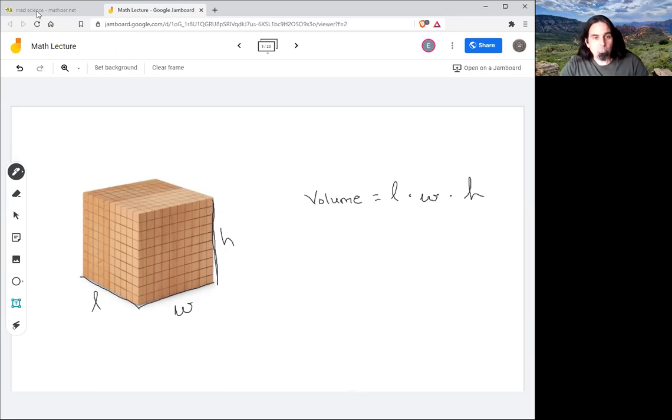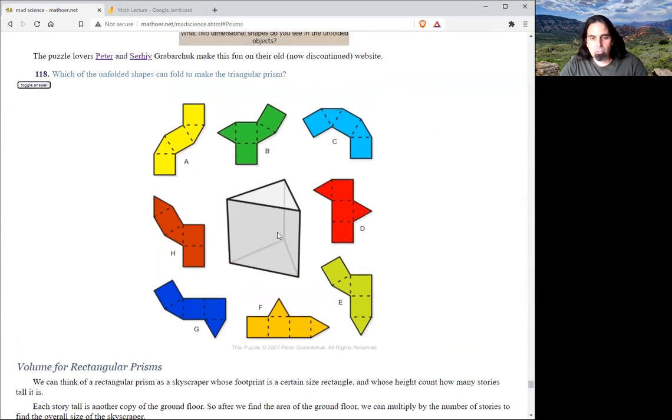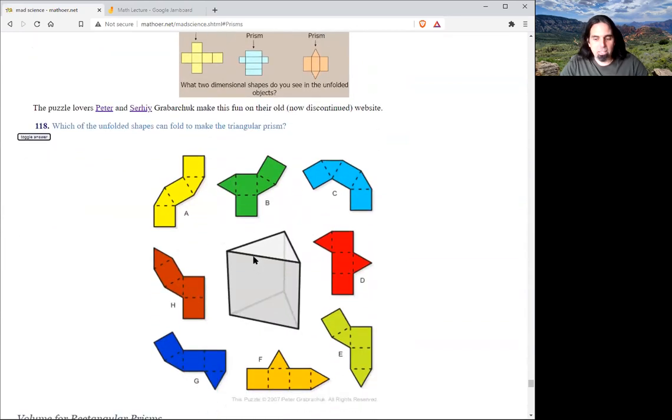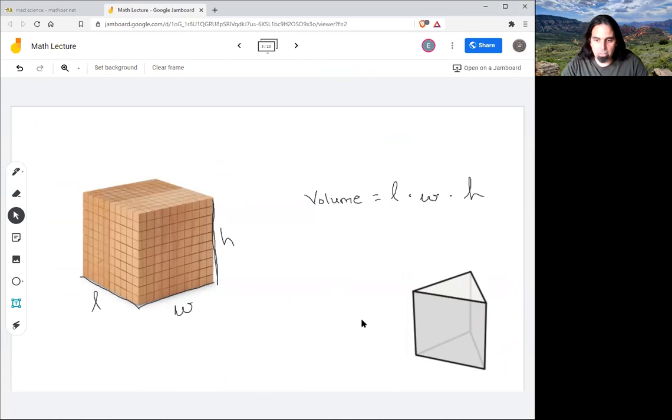If we were doing more advanced math, we might ask, what about a shape like this rectangular prism or the tent? How would we find the volume there? In that case, the bottom of the object wouldn't be length times width, it would be a triangle, 1/2 base times height.